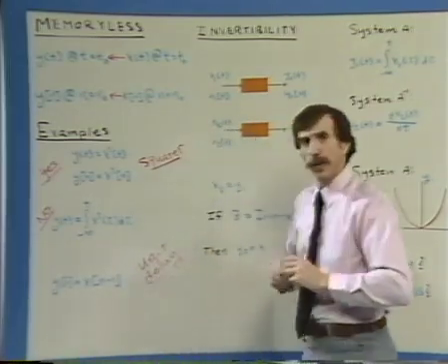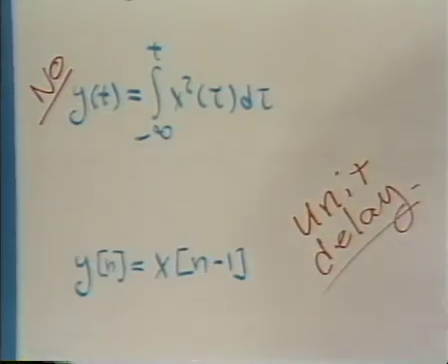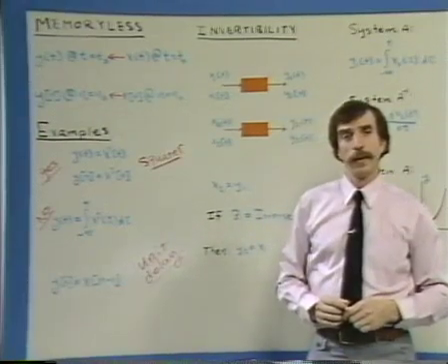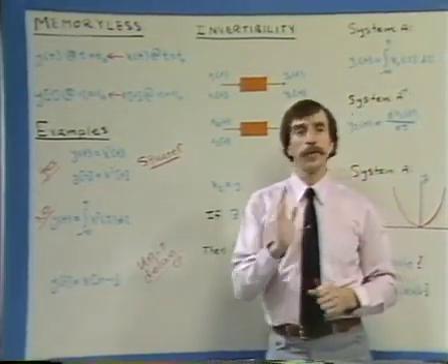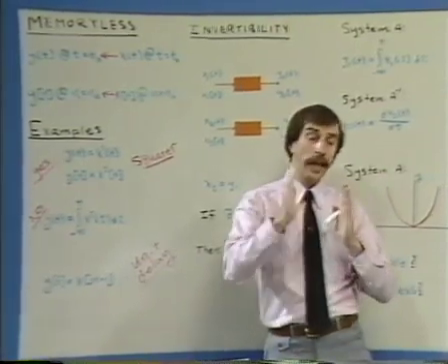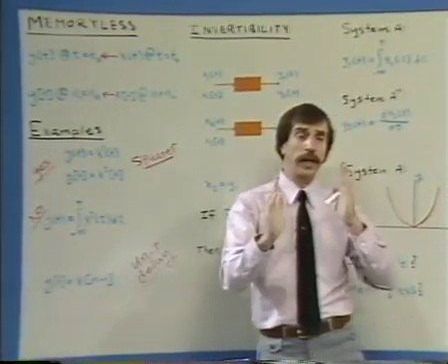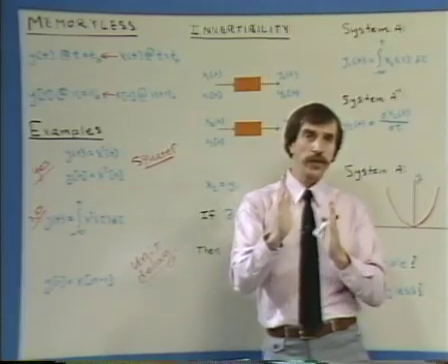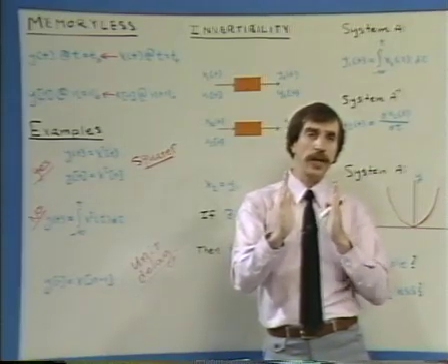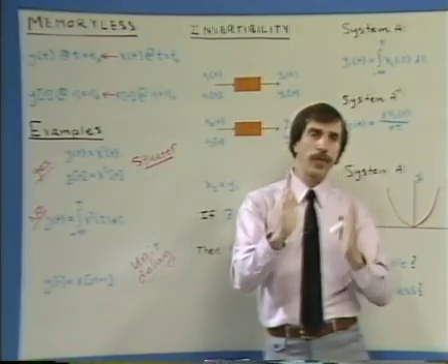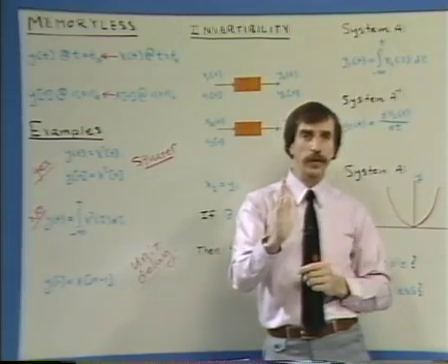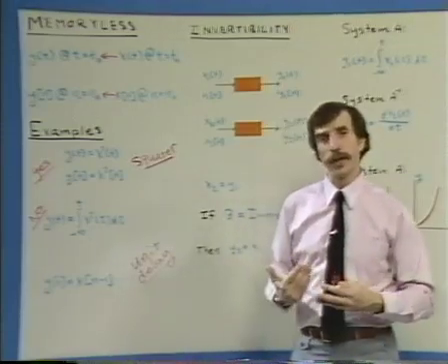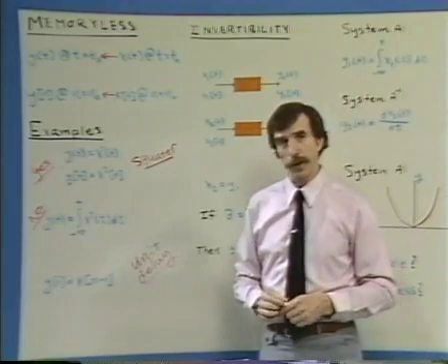And now the question is, is that system memoryless? Well, the output depends only on the input. The output at any instant depends only on the input at one instant. But since it depends on an instant prior to the time at which we're looking, or different than the time at which we're looking, it violates the definition of memoryless that we introduced.